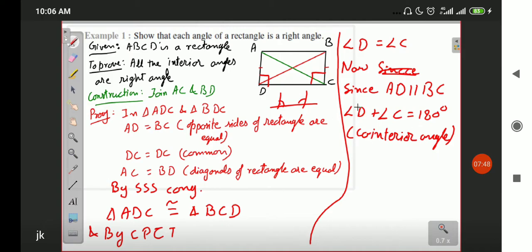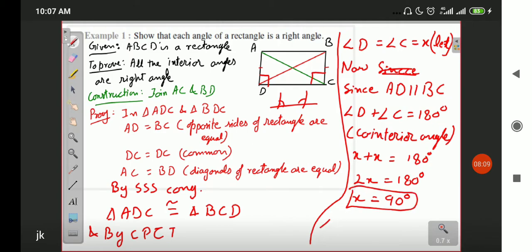So by using these, let angle D and angle C both be equal to X. So X plus X is 180 degrees. That means 2X is 180 degrees, so X is equal to 90 degrees. That means angle D and angle C are both equal to 90 degrees.